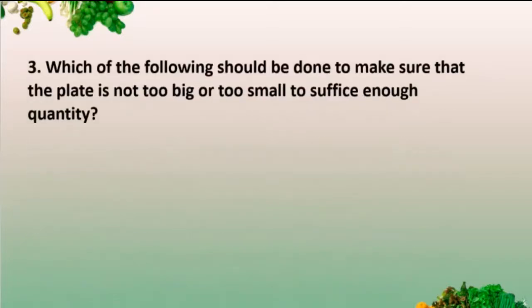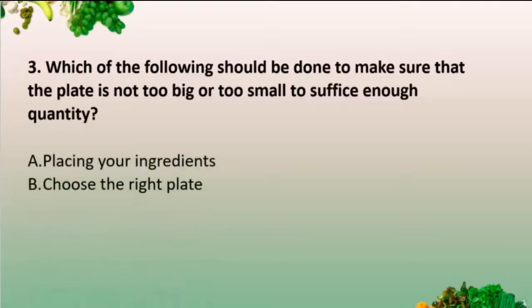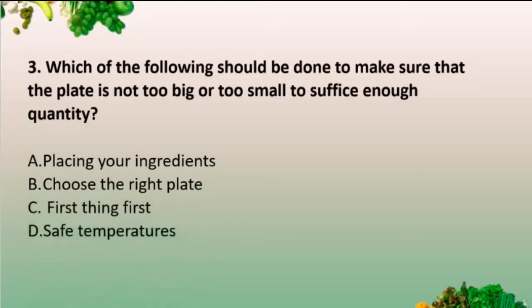Number 3. Which of the following should be done to make sure that the plate is not too big or too small to squeeze enough quantity? A. Placing your ingredients. B. Choose the right plate. C. First thing first. D. Safe temperatures.